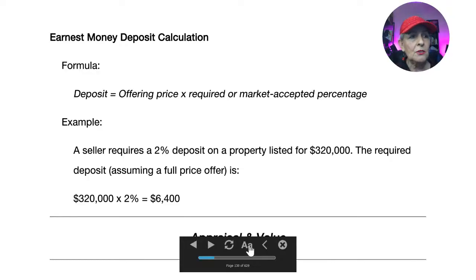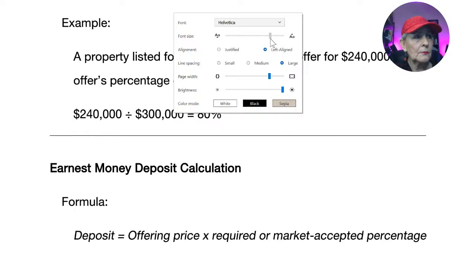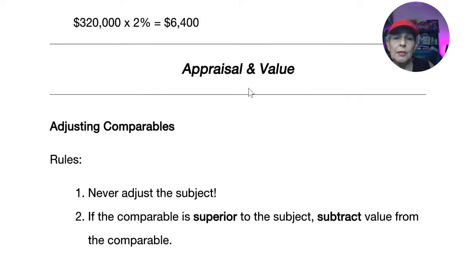That could be equivalent to the earnest money that is required. Okay, appraisal and value. When does an appraisal get done? An appraisal gets done whenever there is a loan, the lender is going to require an appraisal.